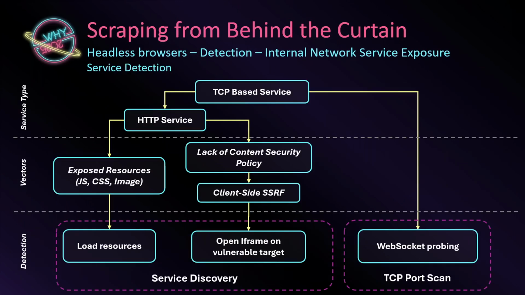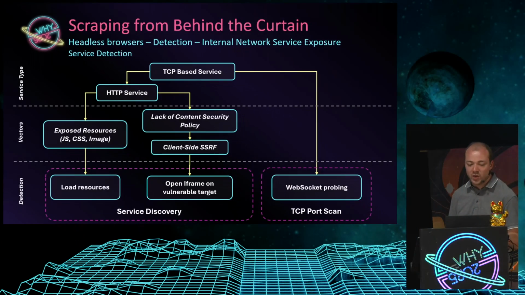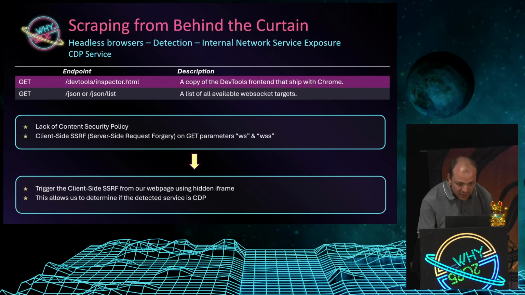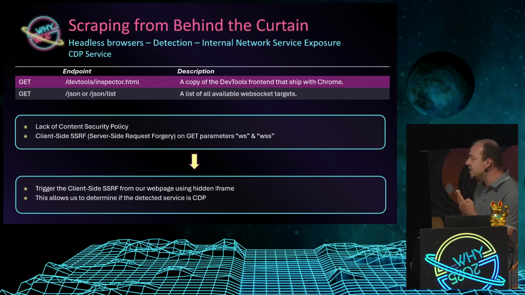For our demonstration, we will use WebSocket probing to perform a TCP port scan on the internal network of a person who visits our website. Afterwards, we use service discovery to determine if it's a CDP service. There are two very interesting endpoints.